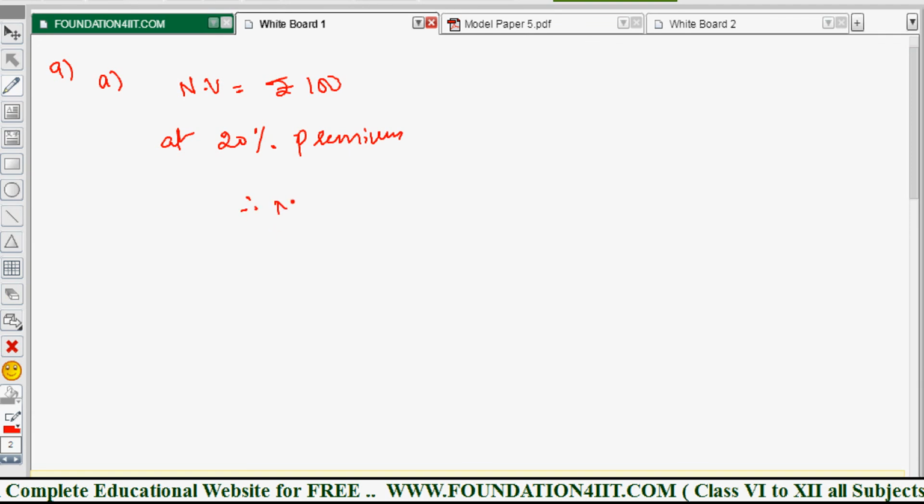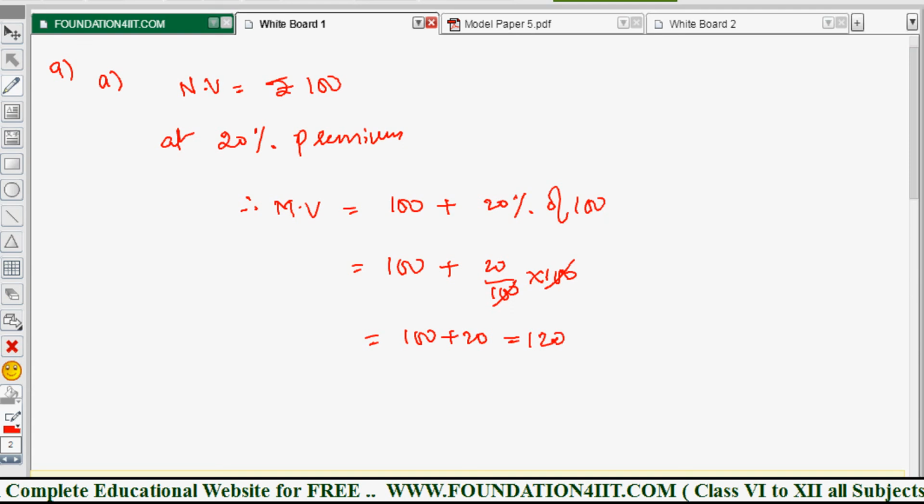So the market value is 100 plus 20% of 100. 100 is the nominal value plus 20% of the nominal value is the premium. That is 20 by 100 into 100. Just cancel this. 100 plus 20 is 120 rupees. Therefore, the market value of one share is 120.